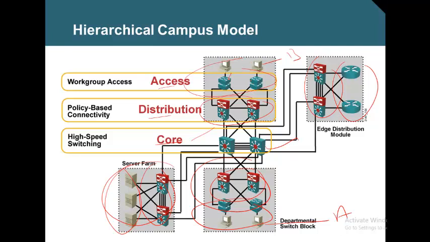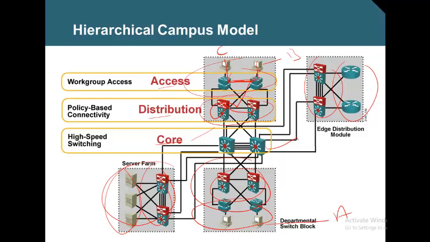It will be local switched if it is the same VLAN. There will be a link actually between these two. They have not drawn it. Actually, there will be a link between the switches. If it is a different VLAN, then traffic will come to the distribution layer and get routed to the destination C, which is in a different VLAN.